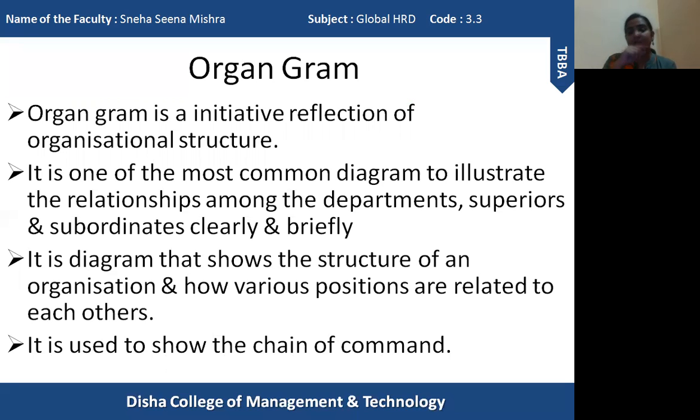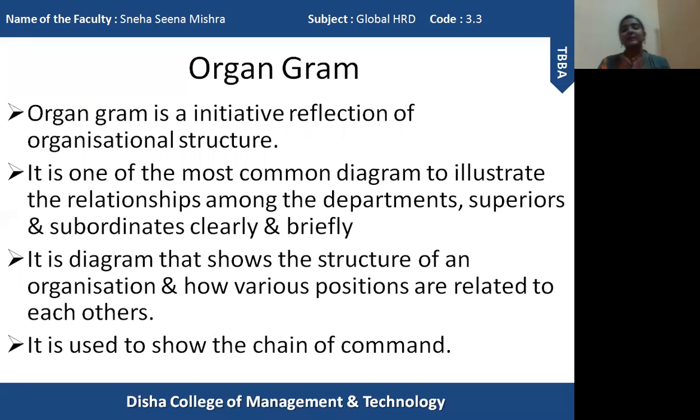When this is represented in a diagram, what are the various departments of the organization, what are the different positions in different departments, what are the different types of jobs under a particular department, each and every aspect of the organization is described in the diagram.